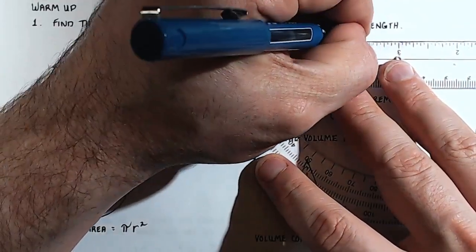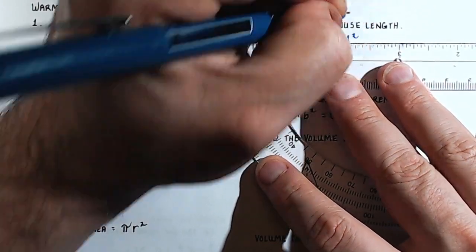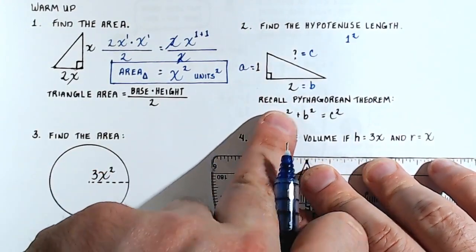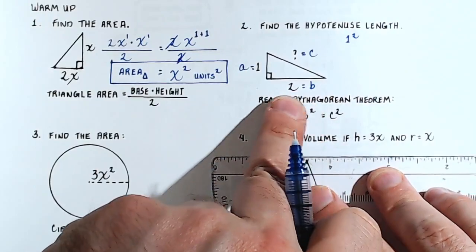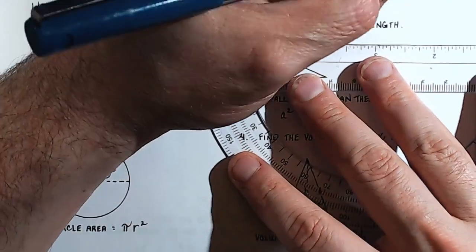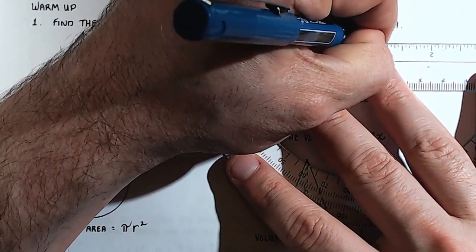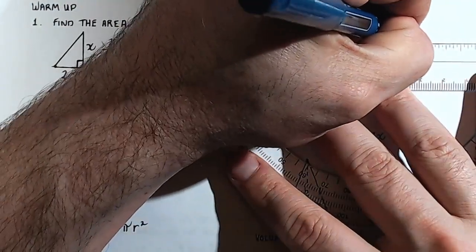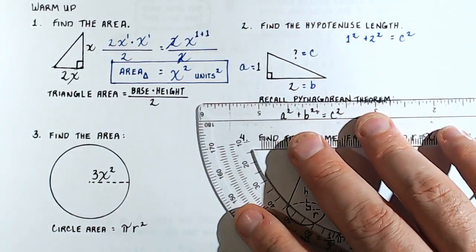So I'll write 1 squared, because a is 1, plus b squared, which is 2 squared, equals c squared, because I don't know what c is, and that's what I want to find out.